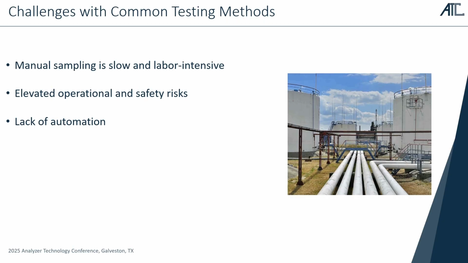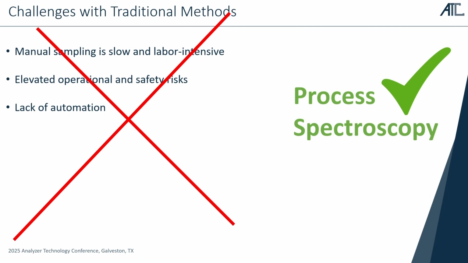And during that time, an hour or two, production already continued, so the response time is just delayed. And also, whenever you have operators involved that need to handle solvents, that need to grab samples, that need to run some technology, there is always a safety risk as well. And so, process spectroscopy does not need to deal with these challenges.